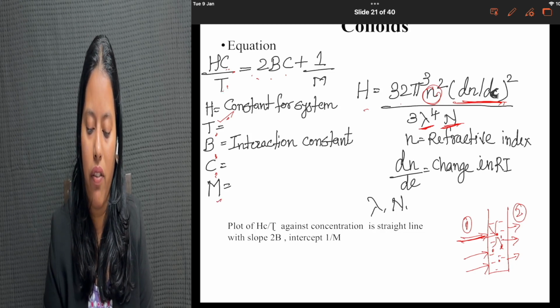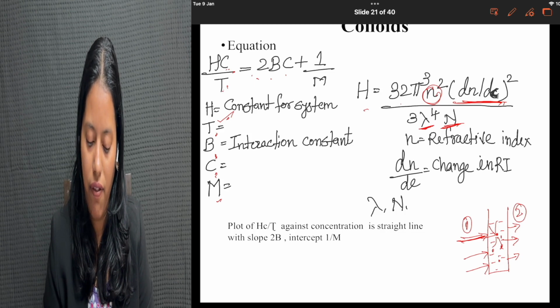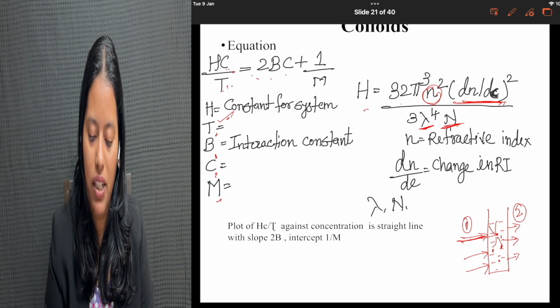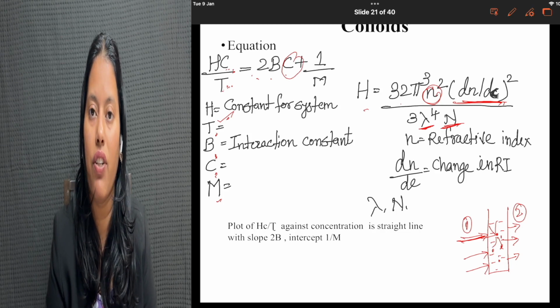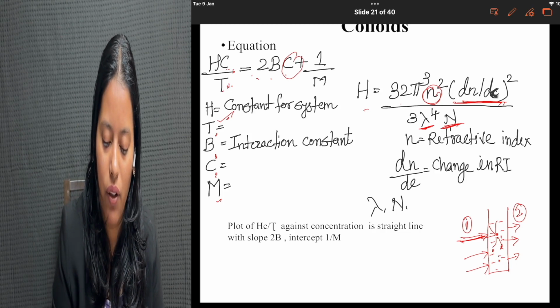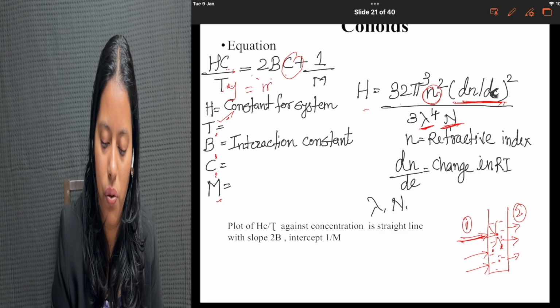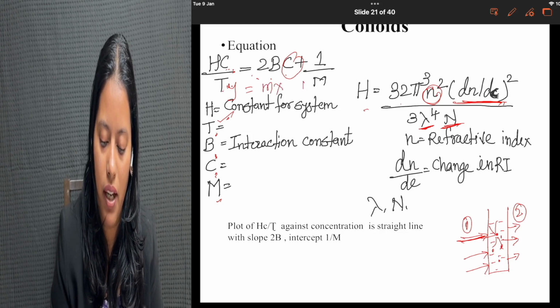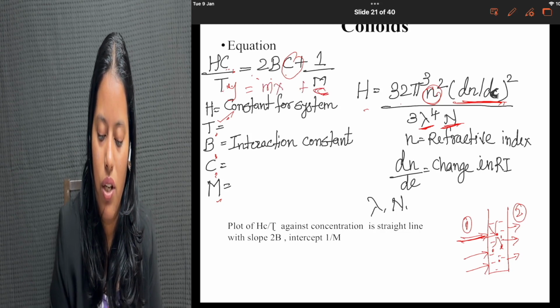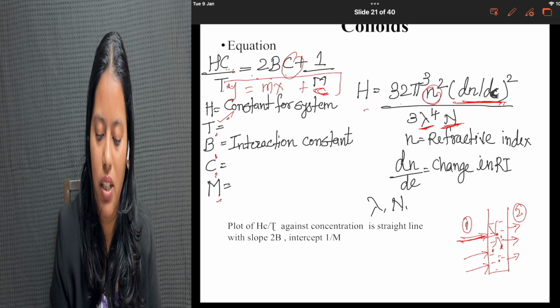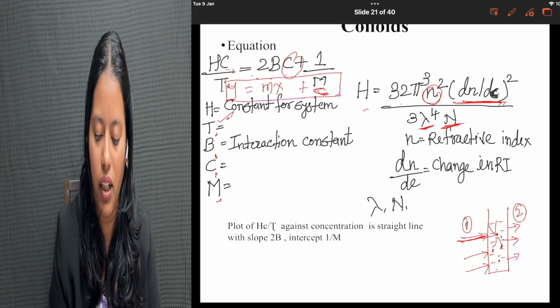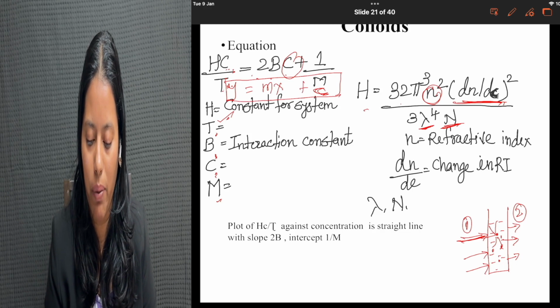So if you plot a graph of Hc/T against the concentration, this equation becomes similar to the equation of a line, y = mx + c.